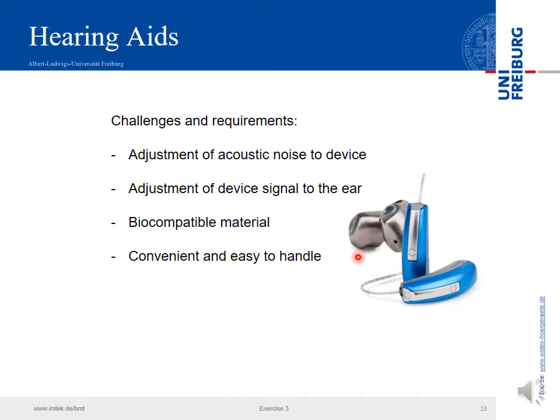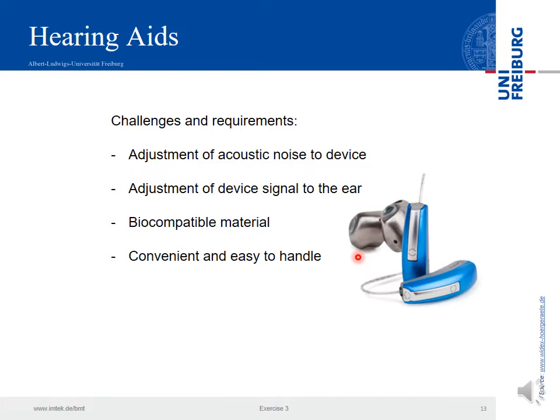The device should be convenient and easy to handle, taking into consideration that elderly persons might also have other impairments like suffering from rheumatic arthritis or gout, so your fingers get stiffer and your eyes get worse.